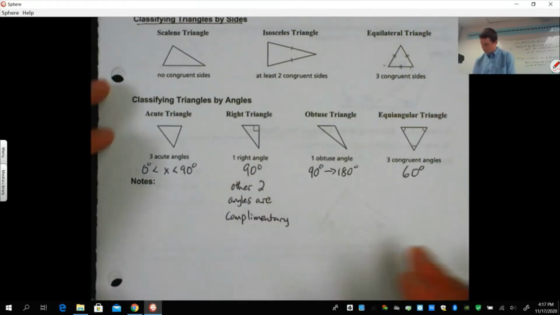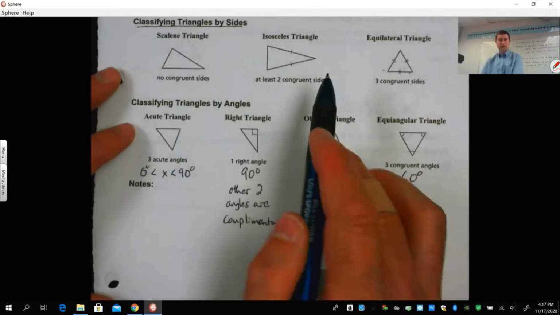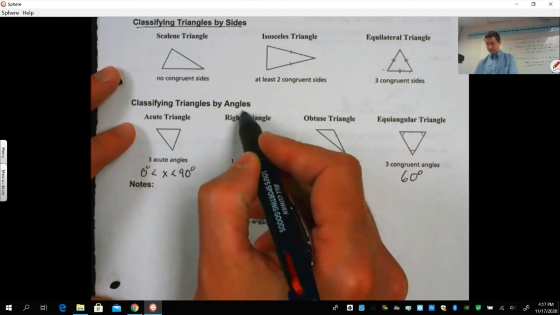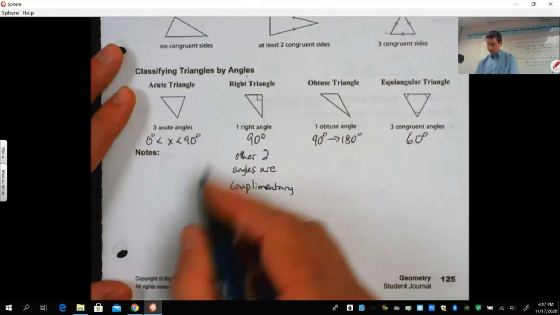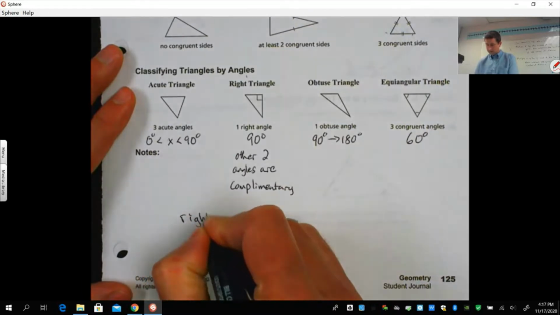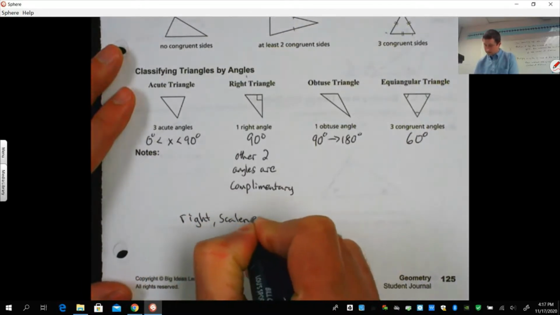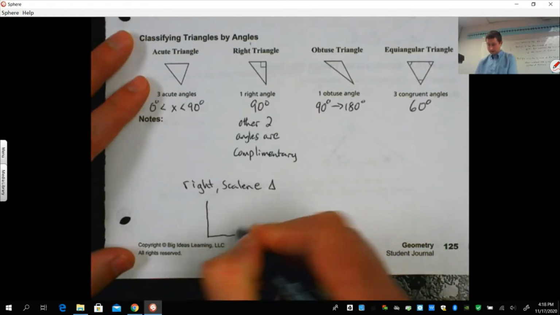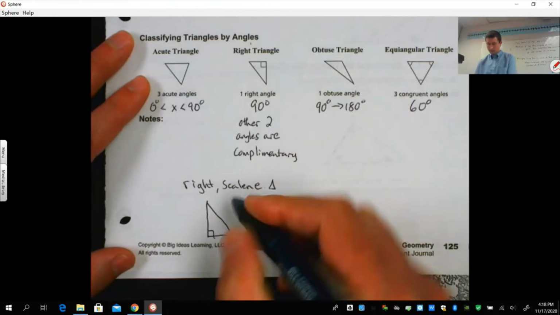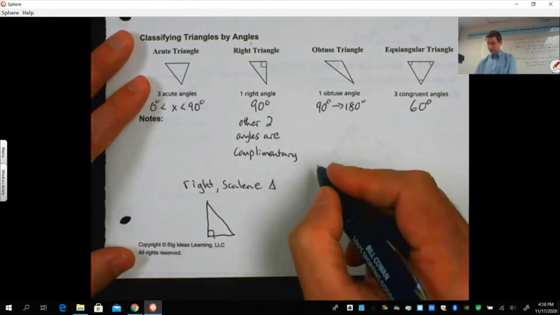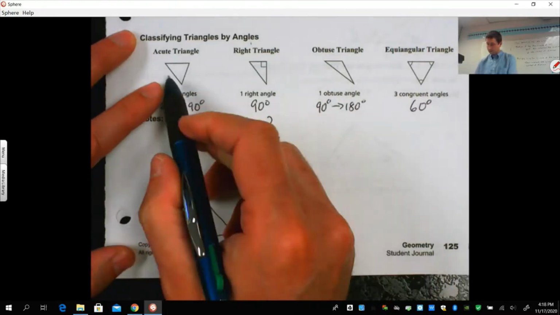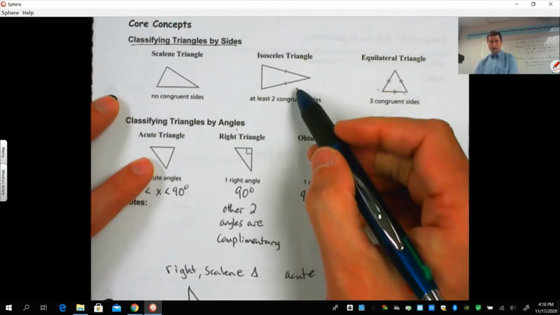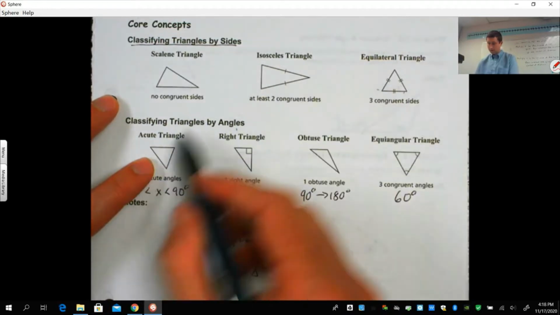Okay. So when they say classify, you're going to have some questions that say classify a triangle by its sides and by its angles. You could have something like a right scalene triangle. That could be something that has a right angle, but all three sides are different lengths. You could say you want an acute isosceles triangle.